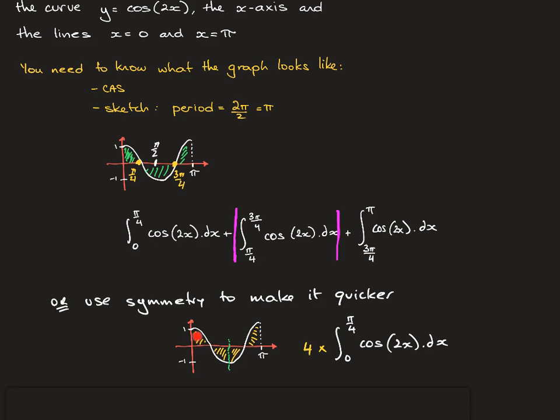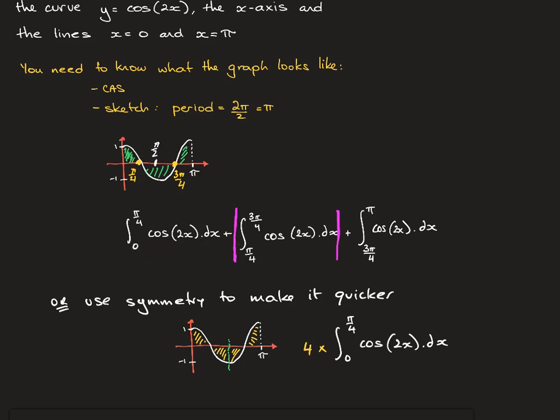So I can use the area from 0 to pi on 4, work it out once, it's the same as that, and then if I divide this lower section in half, I actually have exactly the same size here and here and here. So in total, I've actually got 4 of those areas, and that looks like a much easier thing to work out than this horrific thing up here.